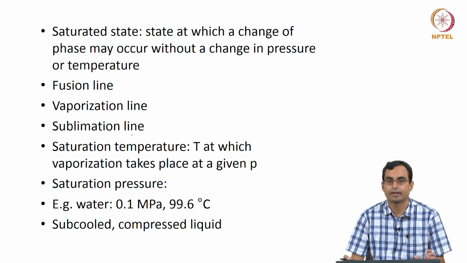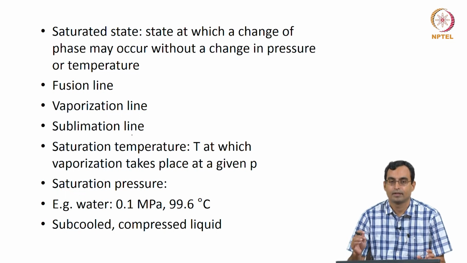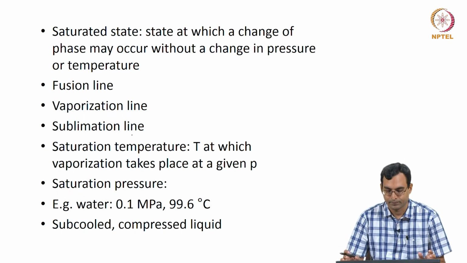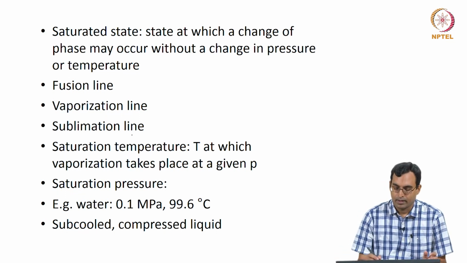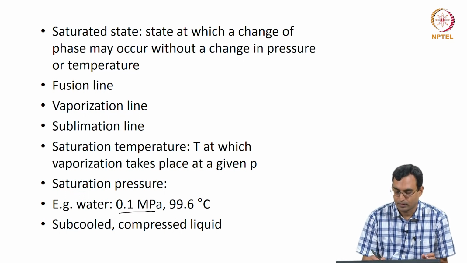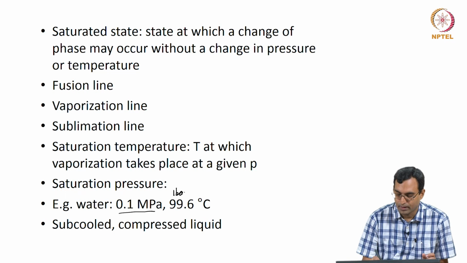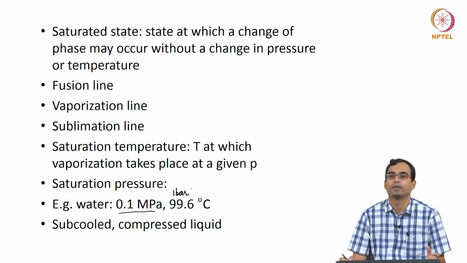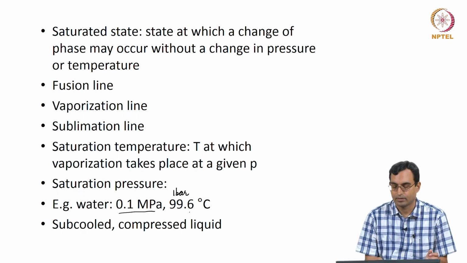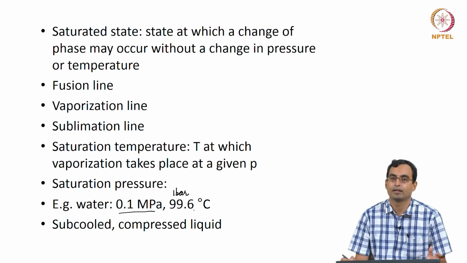So, the saturation state for the conversion of water to steam at 1 bar is given as 1 bar and 99.6 degrees centigrade. In contrast, if we were to look at 1 atmosphere, which is 1.01325 bar, then the saturation temperature corresponding to that pressure is about 100 degrees centigrade.